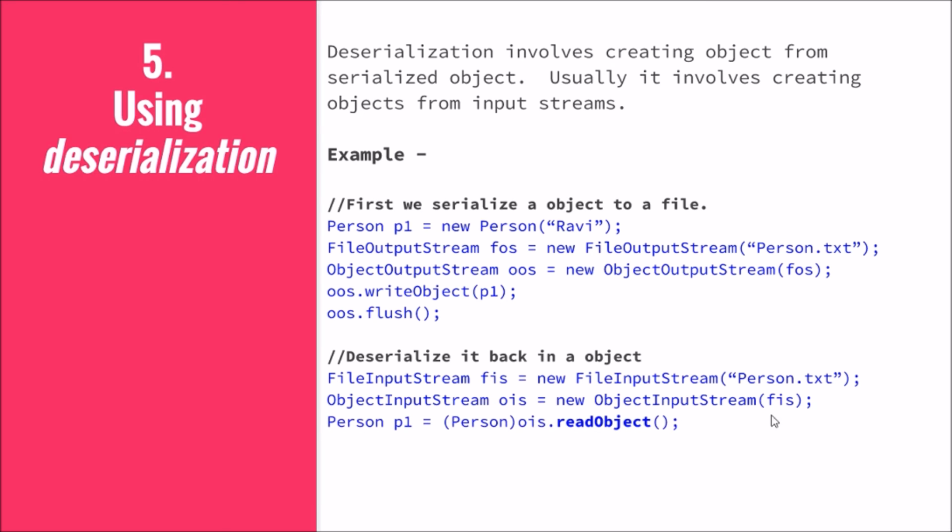Then I say objectInputStream.readObject. It will convert it into an object, which I'm typecasting to Person, and it will store it in the p1 variable. So what is happening is I am using deserialization here to create an instance of the Person object. So that is the fifth way to create instances of objects.